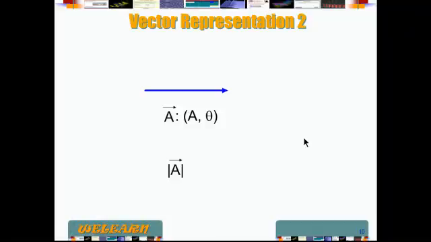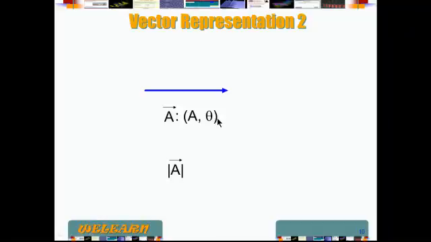Now, how do we represent vectors? Okay, we use a symbol and put an arrow on it. But also, since a vector is given by a magnitude and a direction, we can represent it by just providing in parentheses a magnitude and the angle for direction.